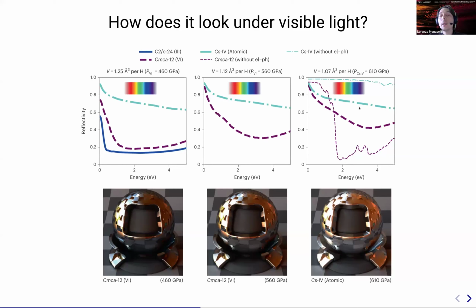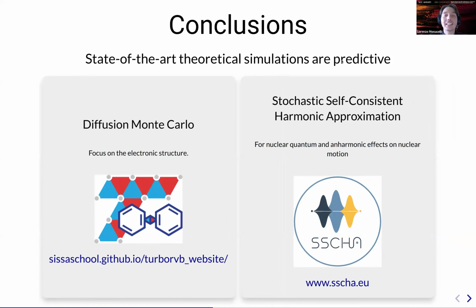Interestingly, electron phonon kills a bit the reflectivity of the metallic atomic phase, while it strangely promotes the reflectivity of the molecular phases. So electron phonon seems to act in a different way in the pure atomic structure and in the molecular metallic structure.